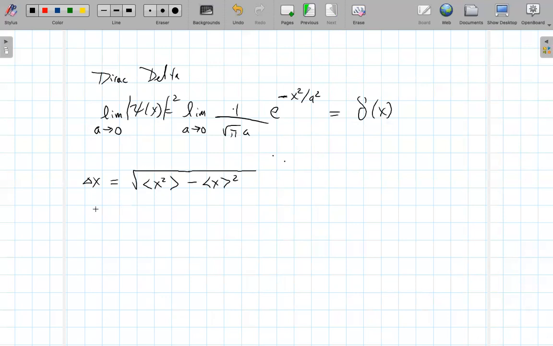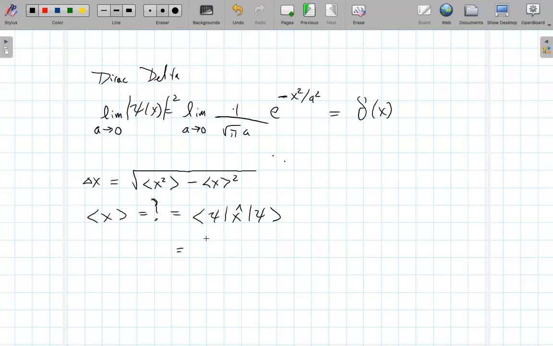We want to determine the expectation value of the position, or the average position in this Gaussian, and also the average of the position squared. So this is going to be psi x psi. We want to look at this guy.